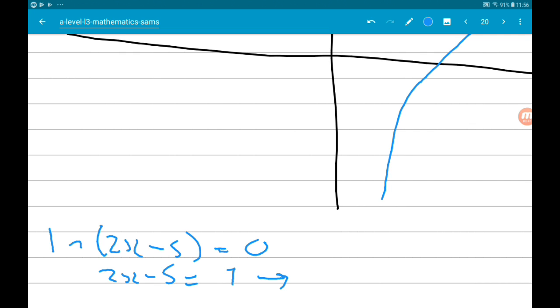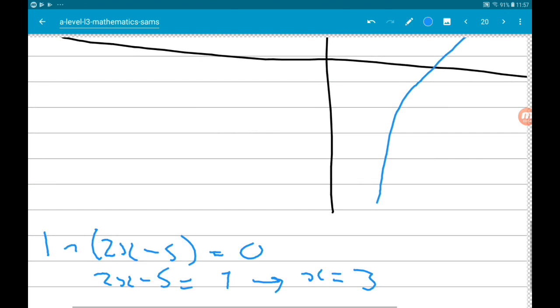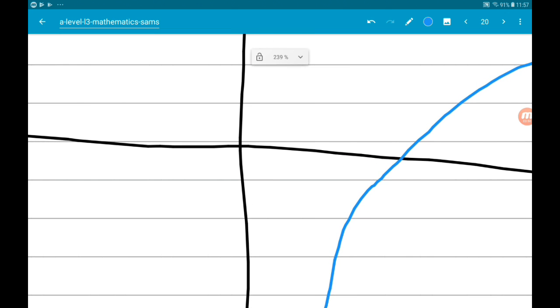From that, we can get x equals 3. So the x-intercept is at 3.